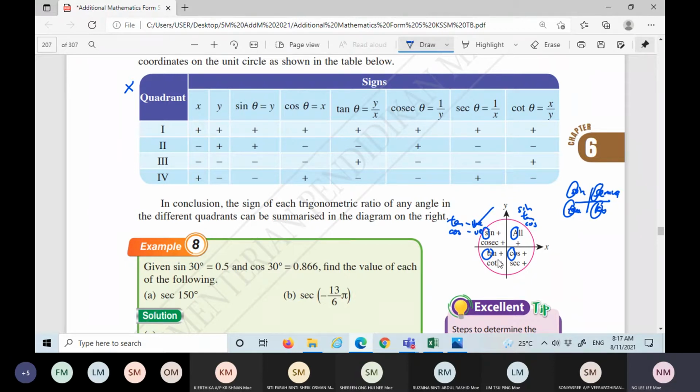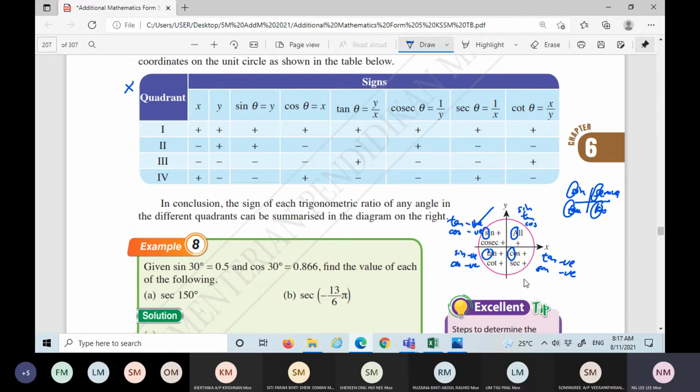Third quadrant, T stands for tangent, so tangent is positive, meaning sine and cos are negative. Lastly, the fourth quadrant, C stands for cos, so cos is positive. The other two, tangent and sine, are negative.